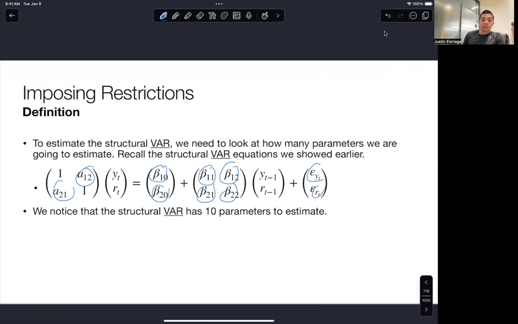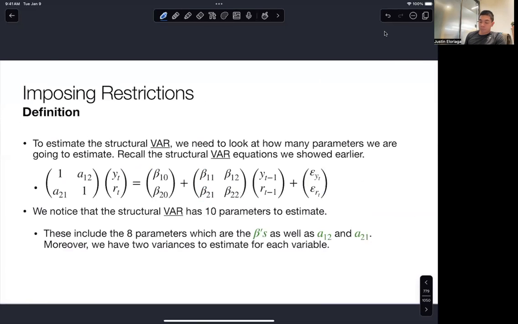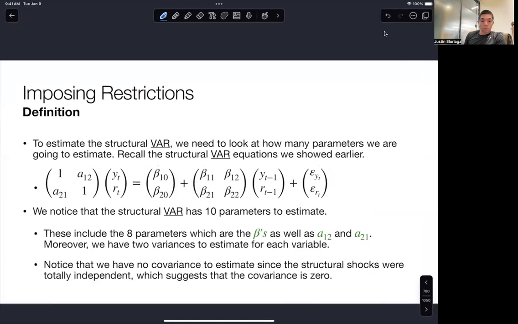So you have 10 parameters to estimate, plus the variances of each of these. So we have 9 we can get from the reduced form VAR, and we have 10 from the structural VAR, right?